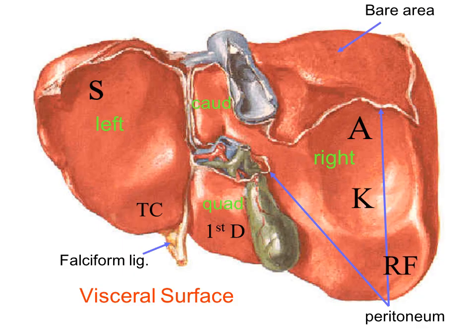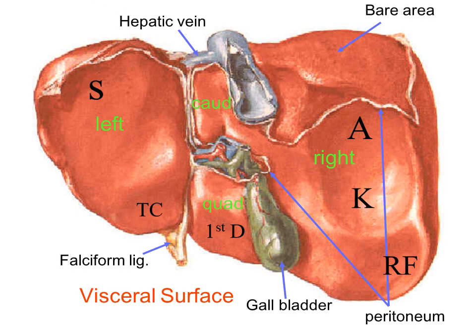Here is the bare area of the liver, that area devoid of peritoneum, and also the gallbladder. In the right lobe we have the impression for the right kidney and right suprarenal gland, and also the duodenal impression. And these are the hepatic veins.